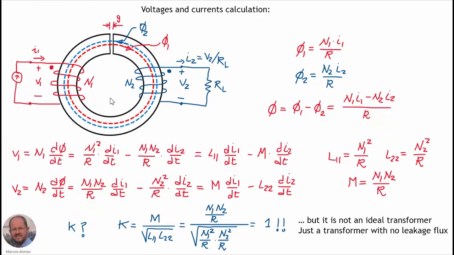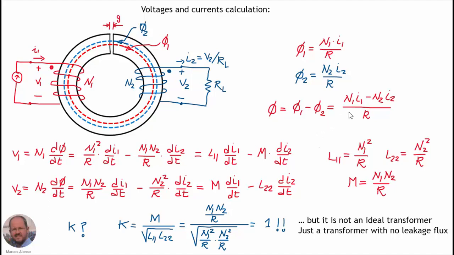Let's now analyze the behavior of the transformer from the point of view of the voltages and the currents in the transformer. We have here the same figure, and the same equations as in the previous slide, but now let's analyze a little bit further the voltages and the currents in the transformer. So we have seen that the voltage across the primary is N1 times the derivative of the flux in time.